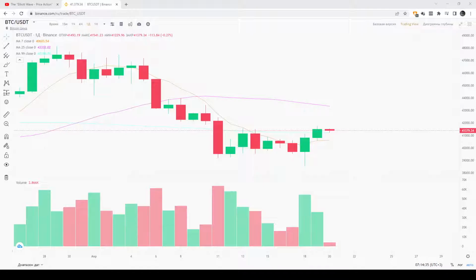Learn to define the corrective structure accurately. The best trade happens if you can catch the impulsive wave early on, but in order to catch those waves, you need to define the corrective structures accurately.